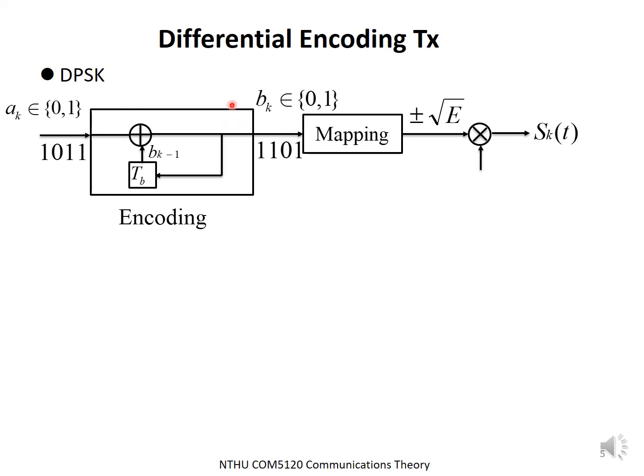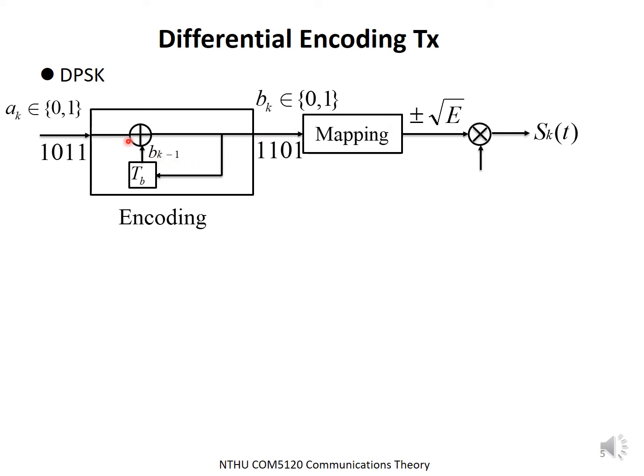A 1-bit delayed version of BK would be the previous output, BK minus 1.